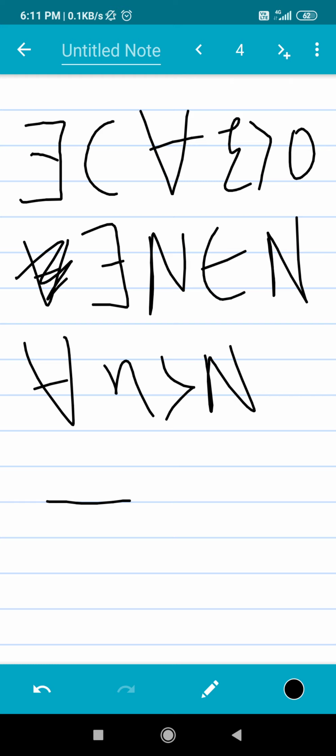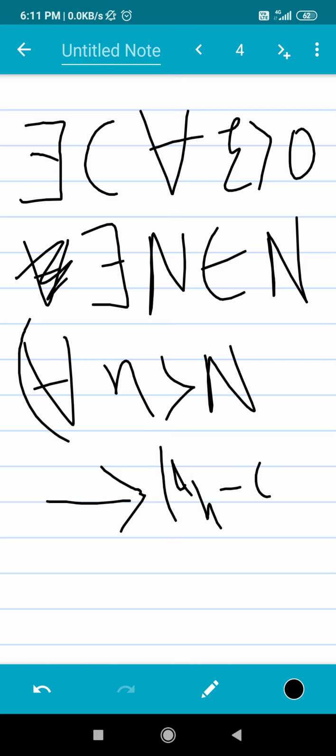This implies a n minus c is less than epsilon.